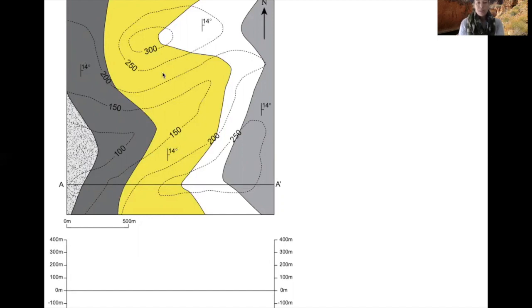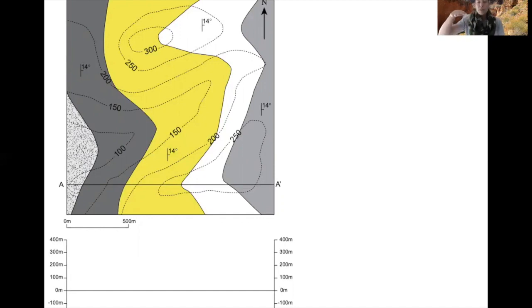Strike and dip symbols are this sort of funny T, and they have an angle in degrees marked on them. This angle marked in numbers is the dip angle of our strike and dip. The dip angle is the number of degrees down from horizontal. If you just look at my hand, down from horizontal, that layer is measured to be dipping into the ground.